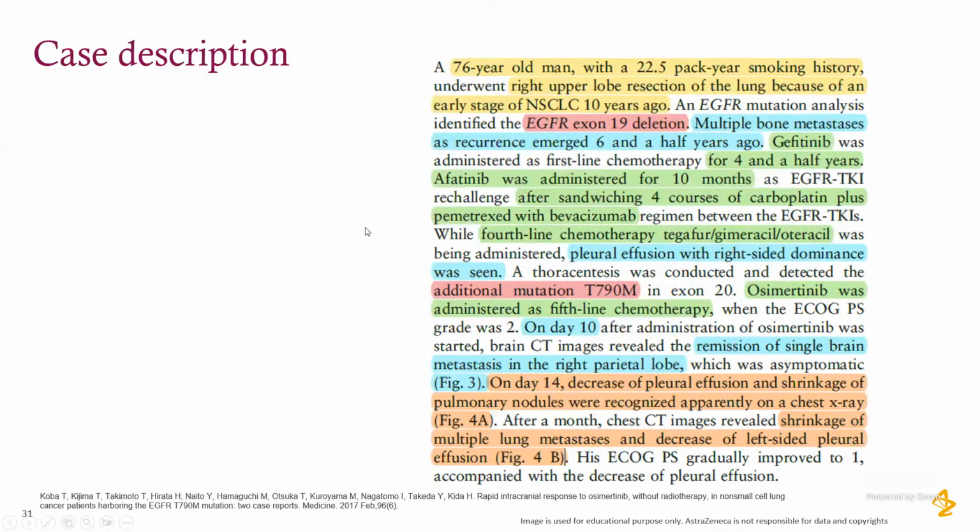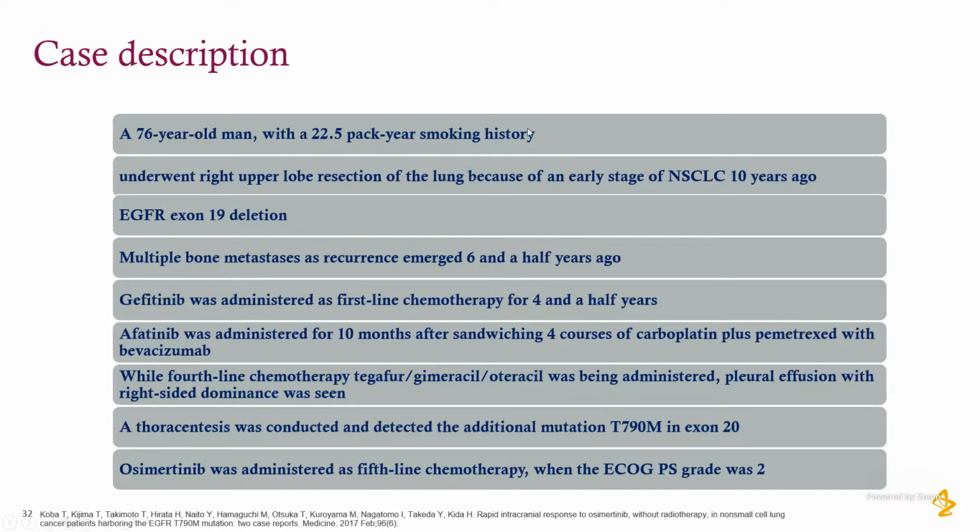This is the second case, a 76-year-old male patient with a history of smoking and EGFR exon 19 mutation positive. There were multiple bony metastases. He received first generation TKI gefitinib for almost 4 years, and after that afatinib, a second generation TKI, was given, and then chemotherapy with bevacizumab and carboplatin pemetrexed, multiple lines of chemotherapy.